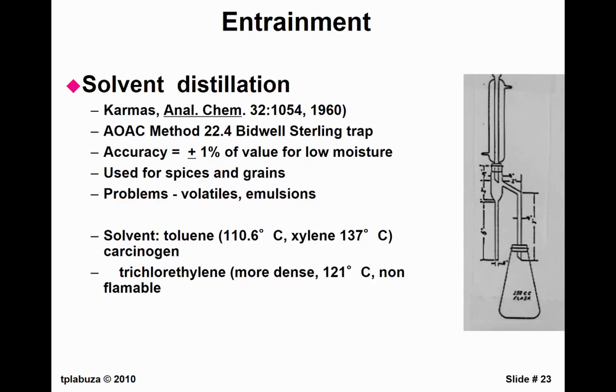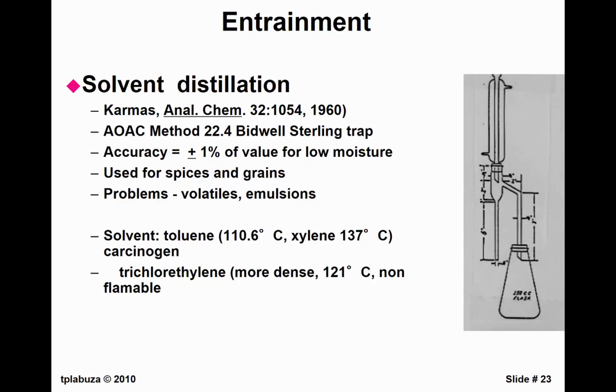That's a condenser, and so it falls down into a tube here, which is actually graduated in milliliters, tenths of a milliliter. The water is heavier than toluene, so the water falls to the bottom, and you heat it for a certain amount of time, and then that tells you how many cc's of water came out of the sample. Typically done with spices. I don't know why the spice industry picked that all the time.